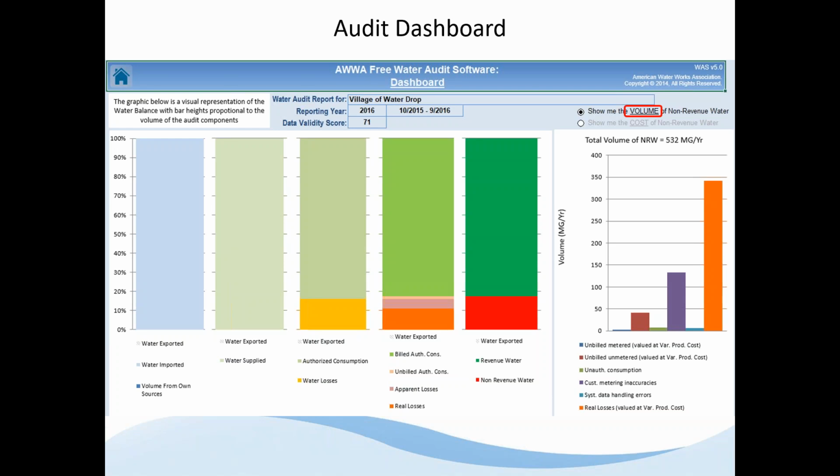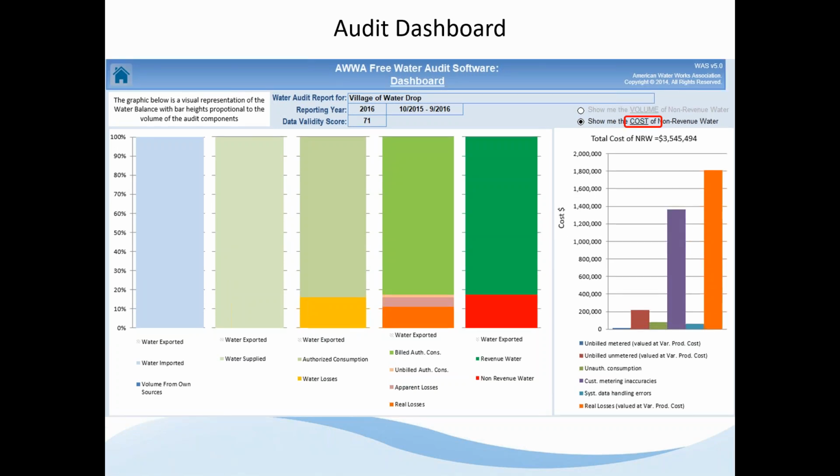And in the case here, our biggest issue by volume is our real losses, and that's by volume. If we do it by cost, all of a sudden the apparent losses, which did not lose as much on the volume side, cost us a great deal of money, though real losses is still costing us more.